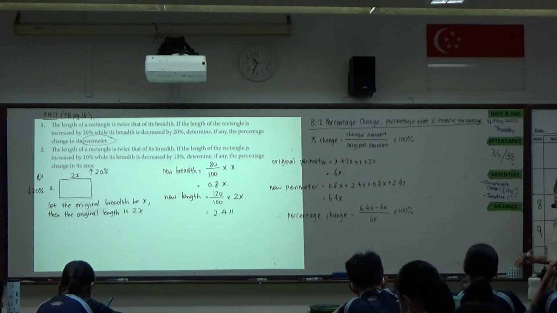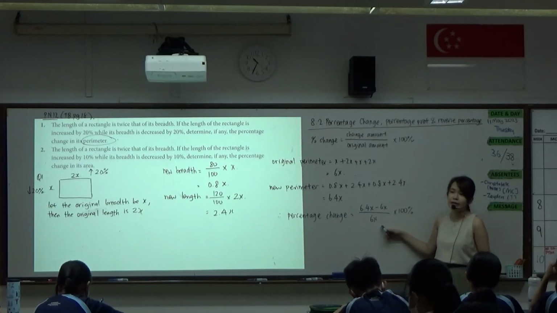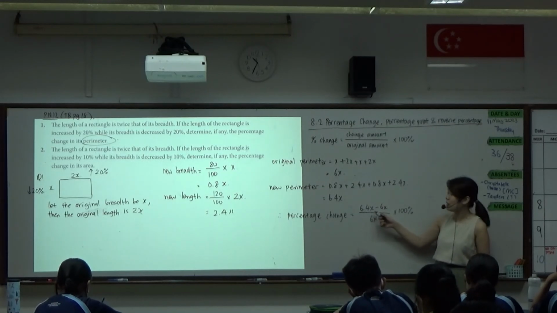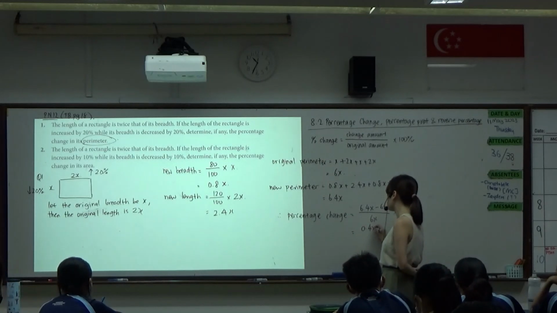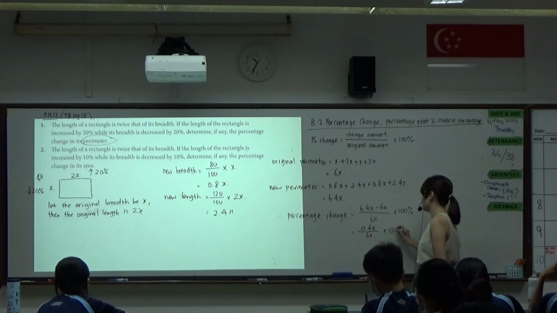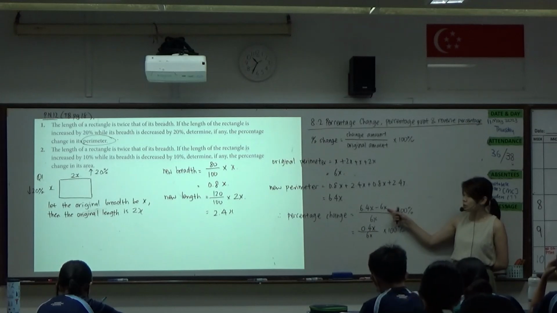At this juncture, you might be thinking, I got this x over here, how am I going to press the calculator? How we can go about calculating this is that 6.4x minus 6x is equal to 0.4x. So we can simplify the expression in the numerator.